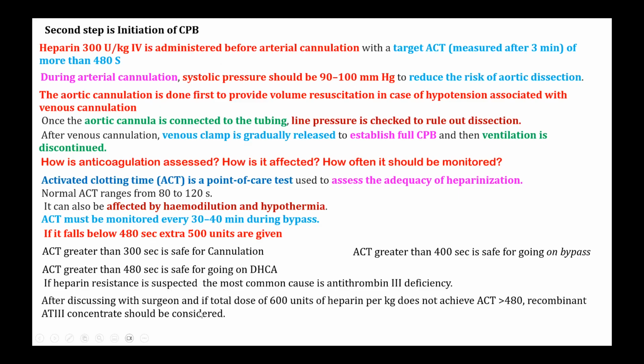In that situation, after discussing with the surgeon, if the total dose of 600 units of heparin per kg does not raise the ACT above 480, you can think of giving recombinant antithrombin concentrate for the achievement of anticoagulation. Otherwise, you can also give fresh frozen plasma, which may contain antithrombin 3, to achieve this anticoagulation.